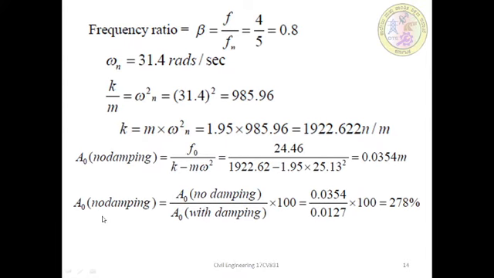Now we take the ratio of A naught for no damping versus the damping case. Both are given here.